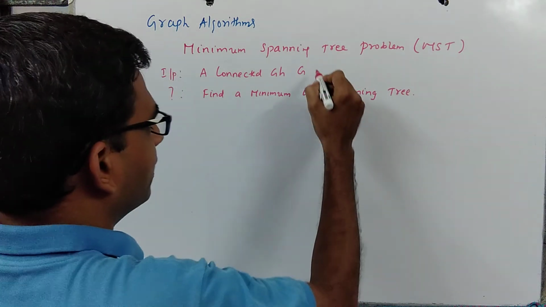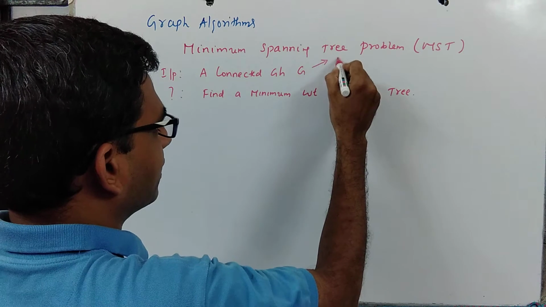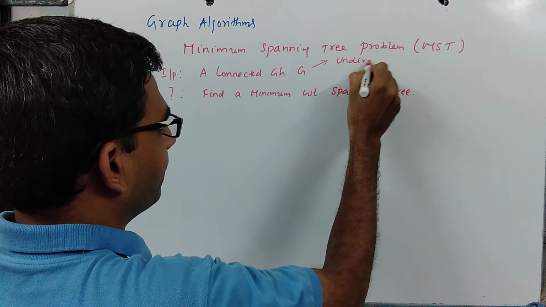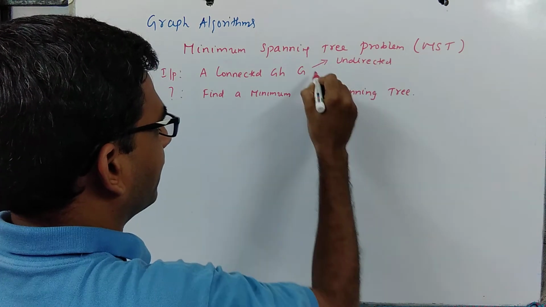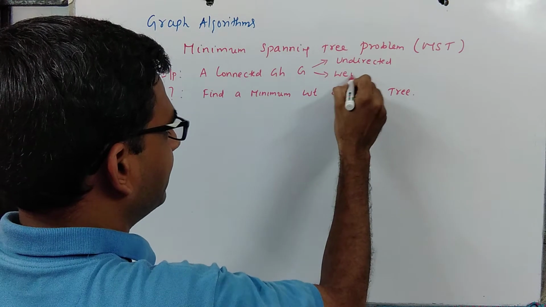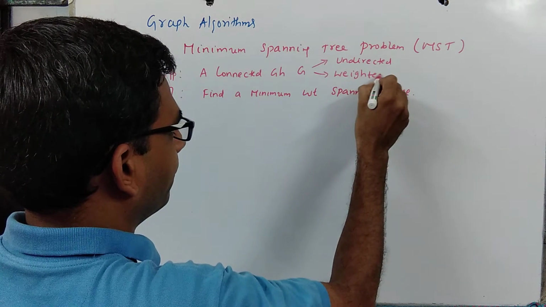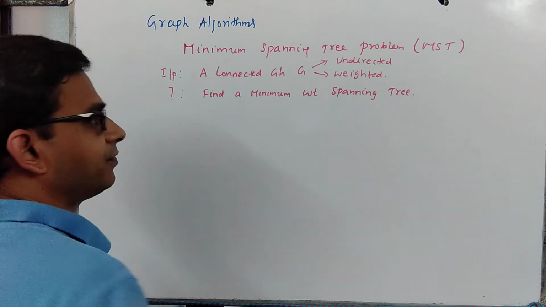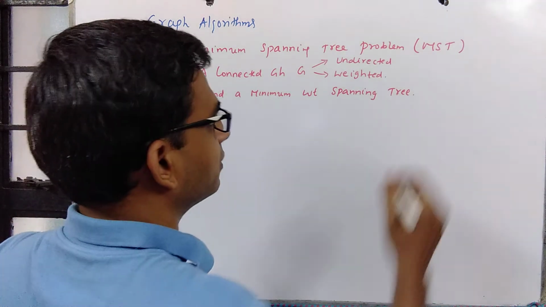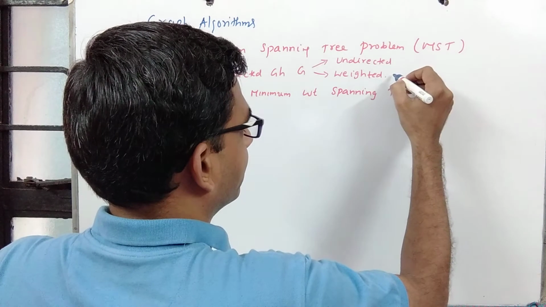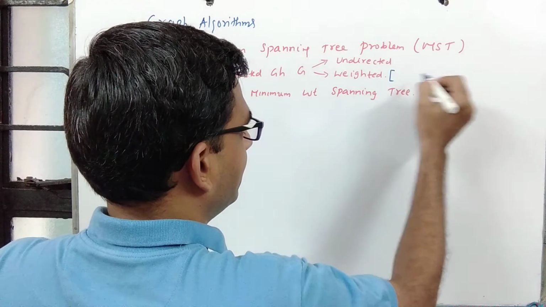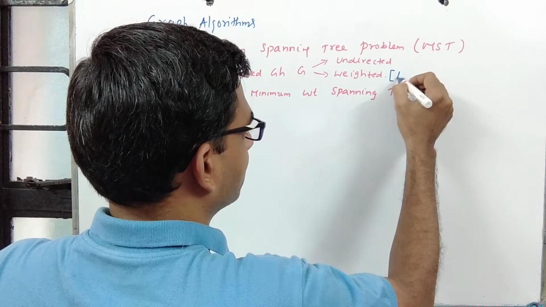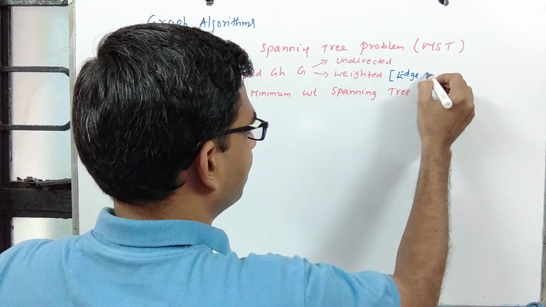In particular, this graph is undirected and it is weighted. When I say it is a weighted graph, weight is a function. So when we say weighted, the edges are weighted. So it is an edge weighted graph.